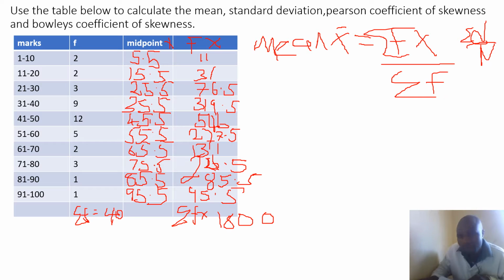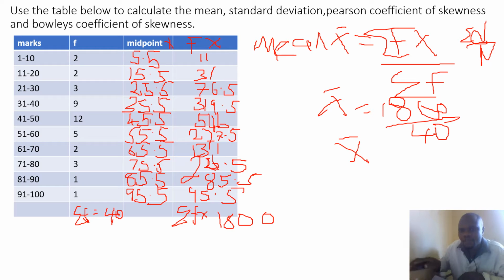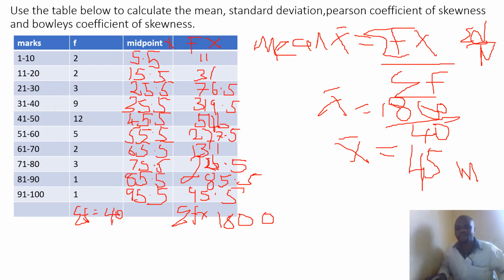So now our x bar, our mean, will be equivalent to 1800 divided by 40, which gives us a mean of 45 marks. So that is how you can get the mean.